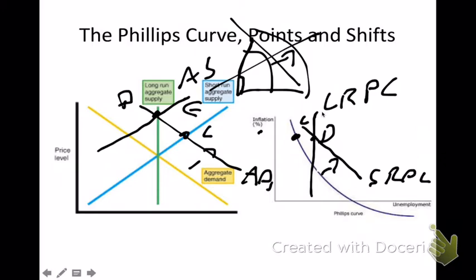Yeah, tricky. So, in order to prepare for the Phillips curve part of the test, you really have to be keen and sharp on the determinants for AD and the determinants for AS. Input prices are a big one. That's the one they like to ask a lot.